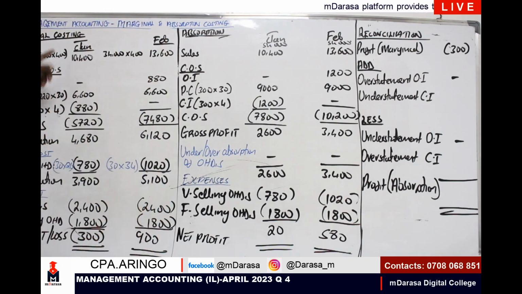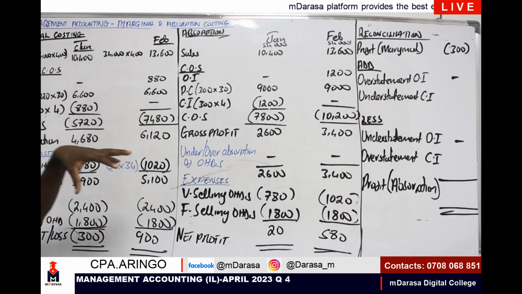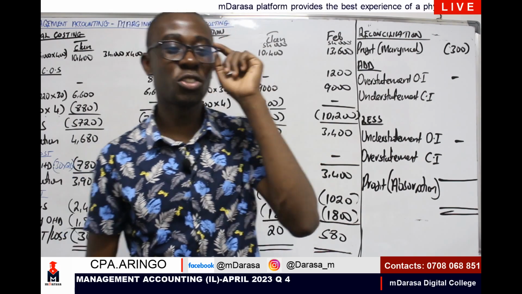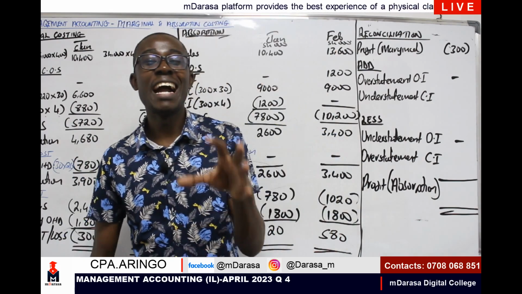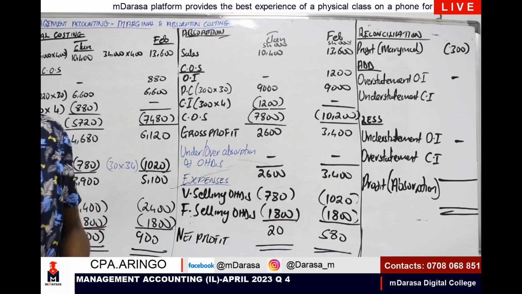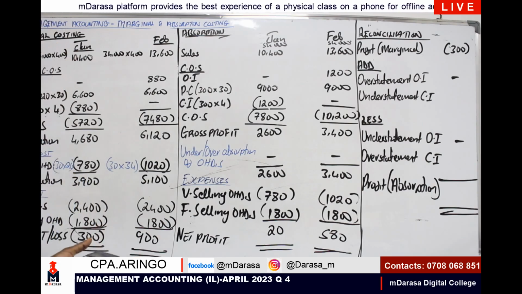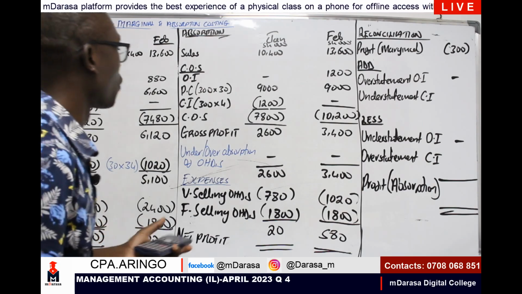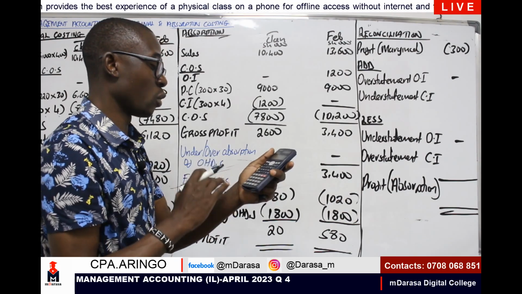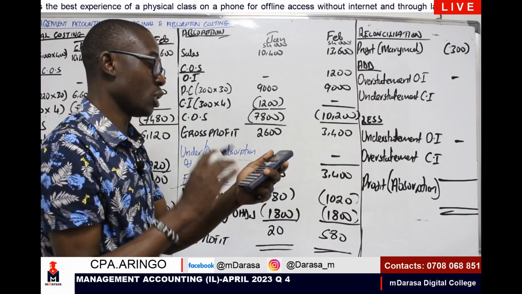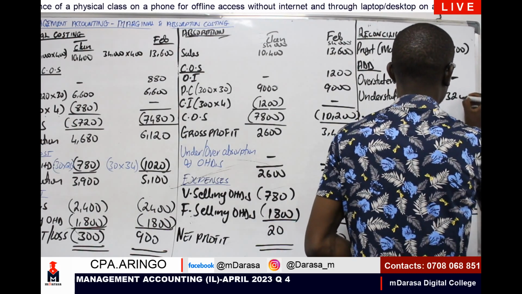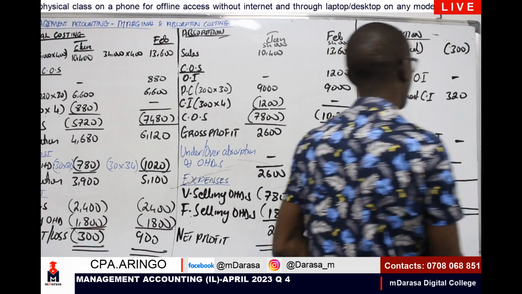Because now marginal has a lesser value of inventory compared to absorption, I'm going to have understatement. So what is this understatement? The understatement of closing inventory. Therefore I'm going to take my 1.2, less 880, which will give us here 320. Because I'm having that, here I'll be having dash.